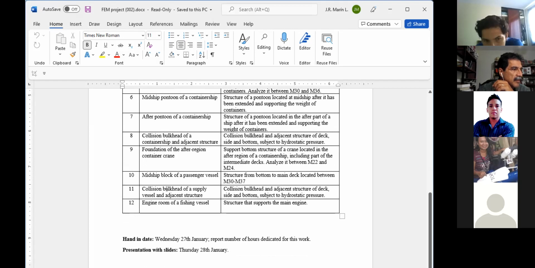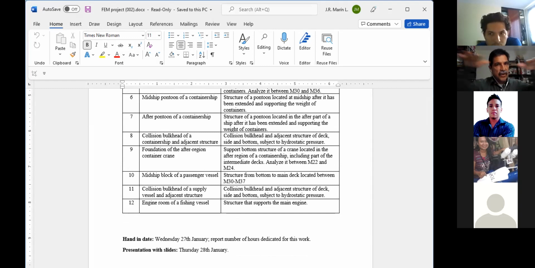Here, for example, structure 11 is a collision bulkhead. You have to be careful because we don't want to model just the collision bulkhead, but also the adjacent structure. Why? Because when you analyze a bulkhead, the question is, what are the boundary conditions? You don't know if those are simply supported or clamped.